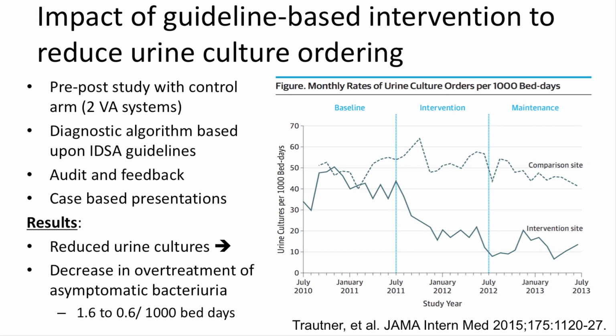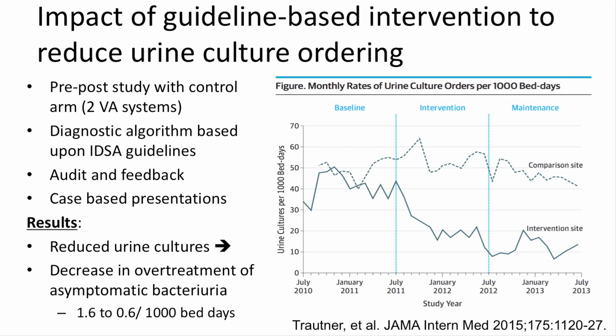They used a diagnostic algorithm taken from published guidelines. They did education using case-based presentations, and they used audit and feedback to reinforce that education. And sure enough, as you see on the graph there, the top dotted line is the urine culture per 1,000 bed days in the comparison or control arm, and you can see how it dropped in the intervention arm.